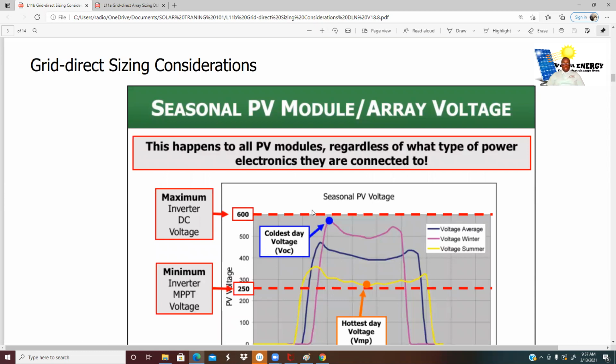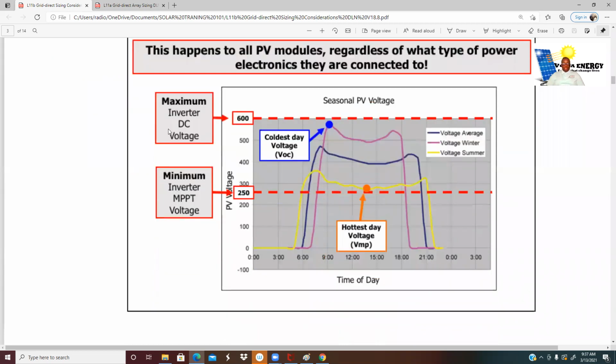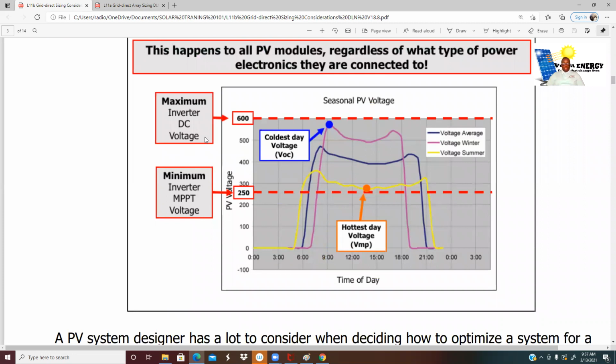The grid direct sizing consideration: seasonal PV module array voltage. This applies to PV modules regardless of what type of power electronics they are connected to. The maximum inverter DC voltage, seasonal PV voltage, the minimum inverter MPPT voltage. Now the coldest day, the volt.